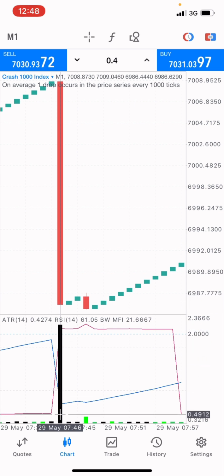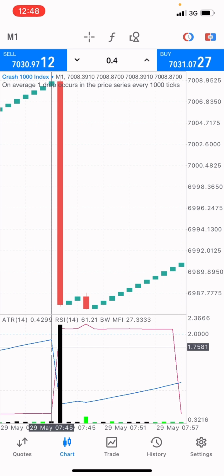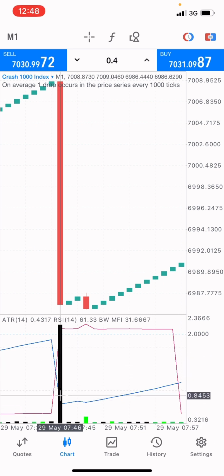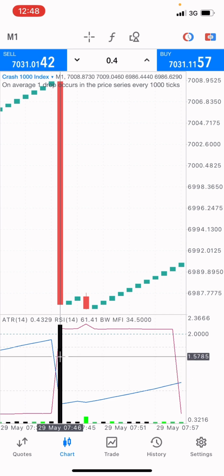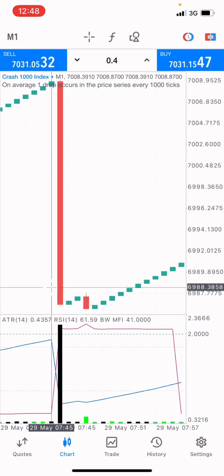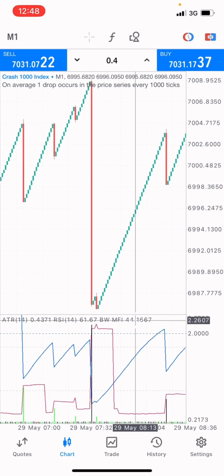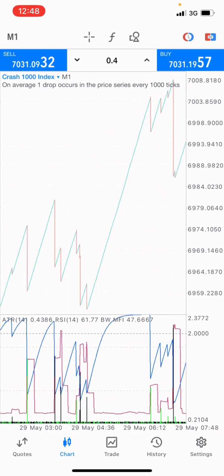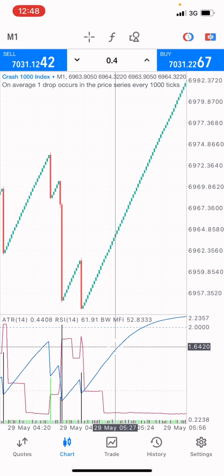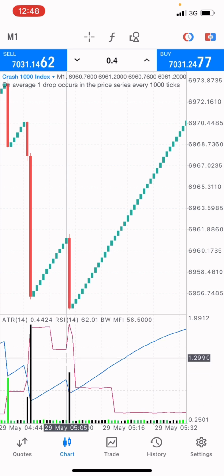Now look at this, and also this blue line. Once this blue line crosses this red line, it's a spike. And when this black line goes up above this blue line, it's going to spike. You can see right here, and also right here, there's a spike.